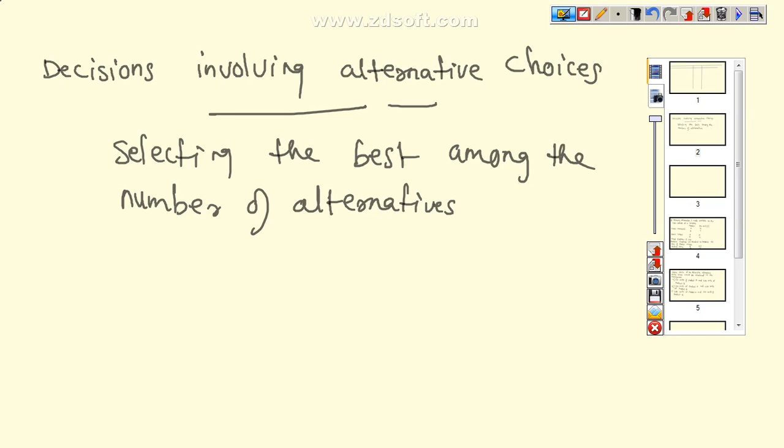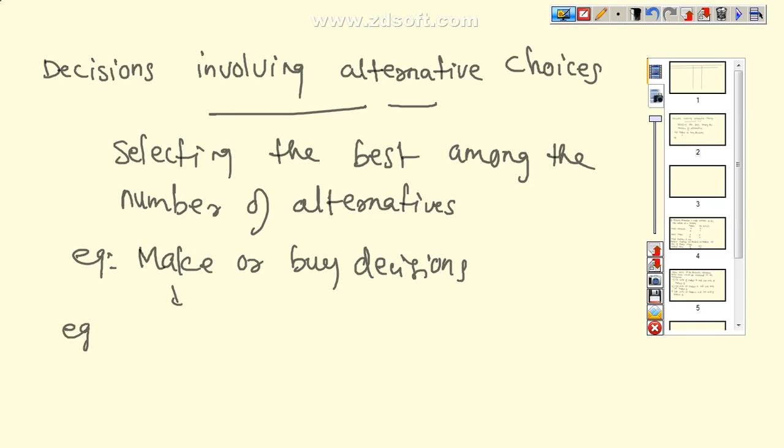So take an example, make or buy decision. Make or buy decision means make means manufacture. A company may be buying a product from an outside supplier, or it may be considering manufacturing the product in the firm itself.